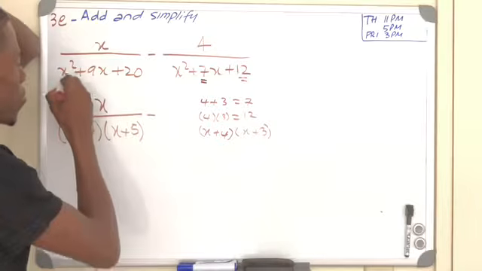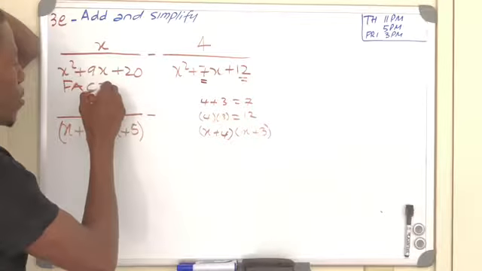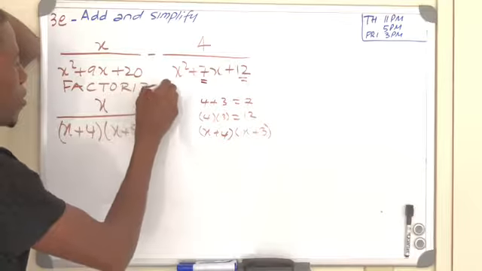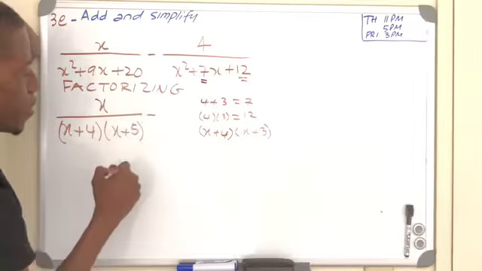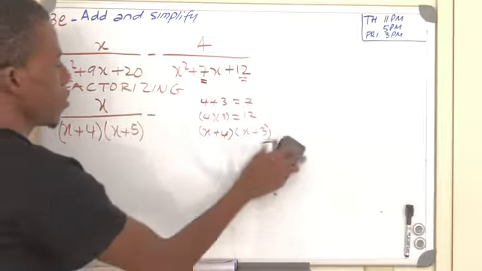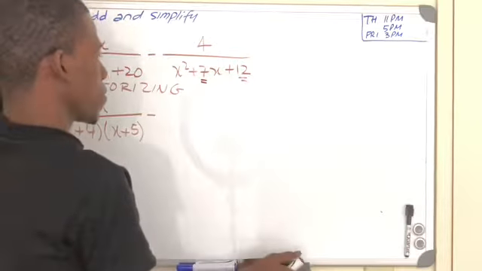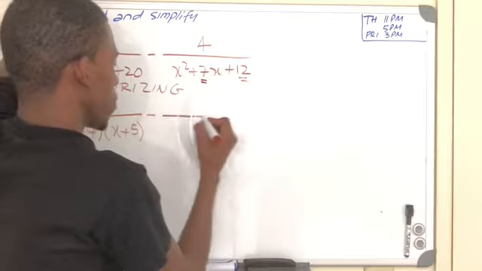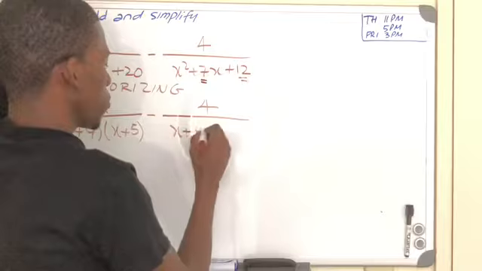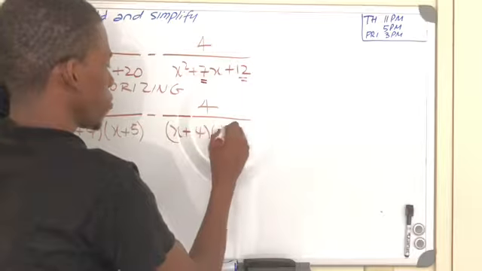While here I'm just factorizing, so x plus 4 and x plus 3. See? Minus 4 over x plus 4 times x plus 3.